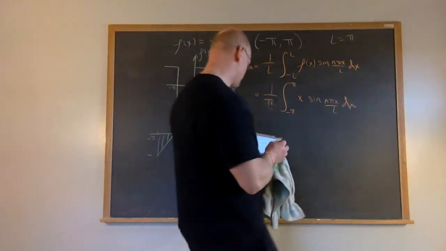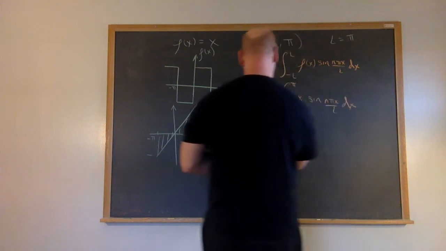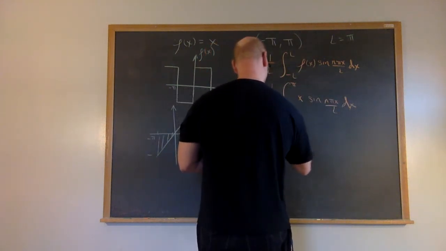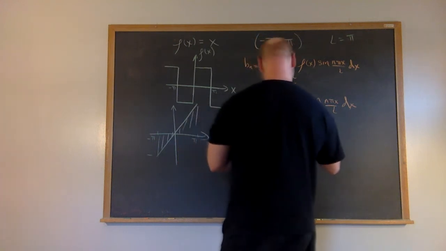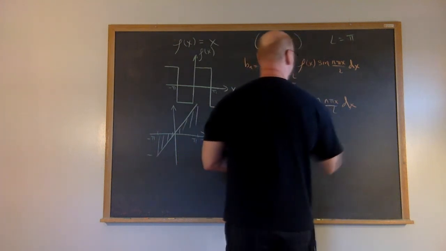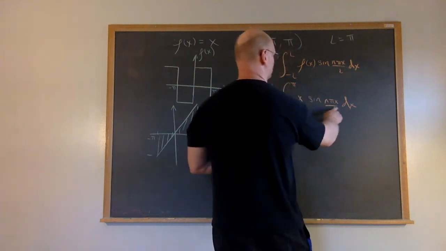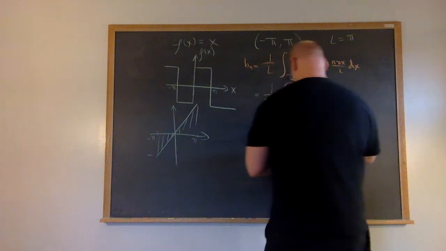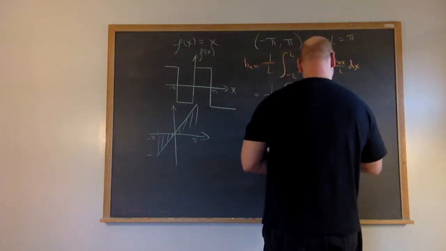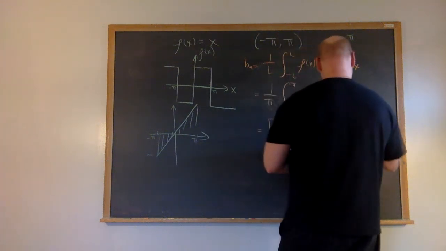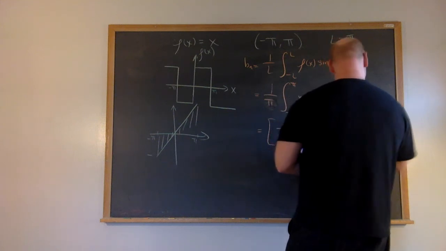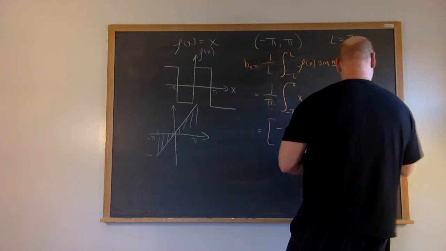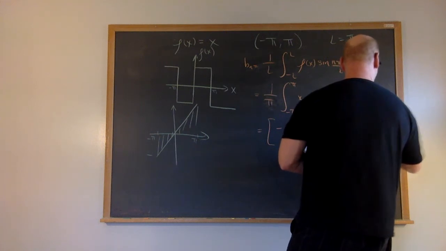Here I'm going to use integration by parts, but I'll basically skip and write down some steps. So this is going to be equal to minus x over n pi times cosine of nx, because if I put in the pi here, the pi actually cancels, evaluated from minus pi to pi, minus 1 over n pi, integral from minus pi to pi of cosine of nx dx.